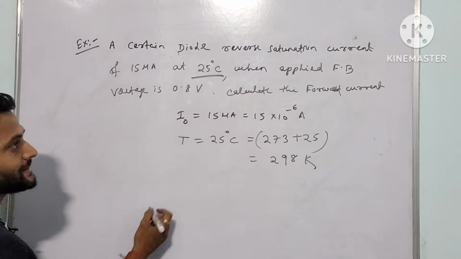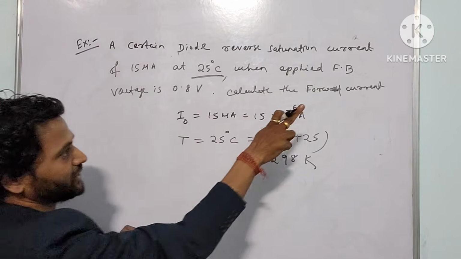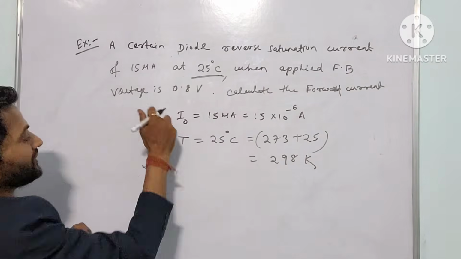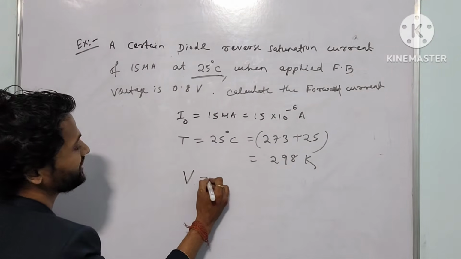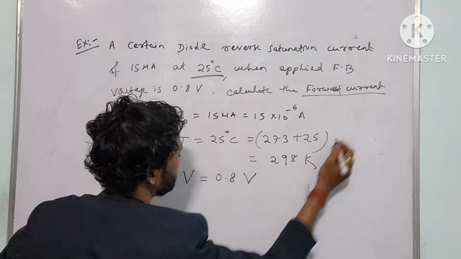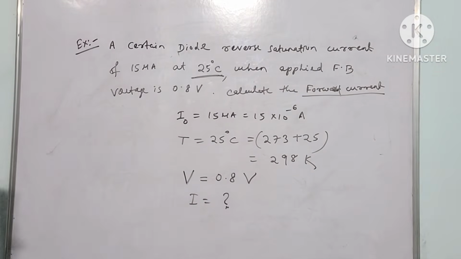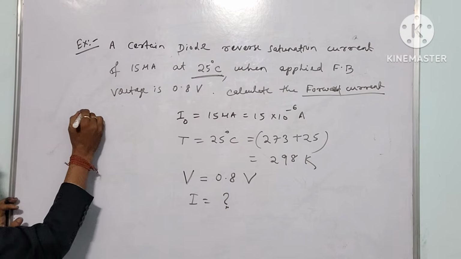And it is applied FB. FB does not mean Facebook, it means forward voltage. Forward voltage means V is given as positive 0.8 volt. We have to find the forward current, meaning the diode current. Done. What is the expression of diode current?